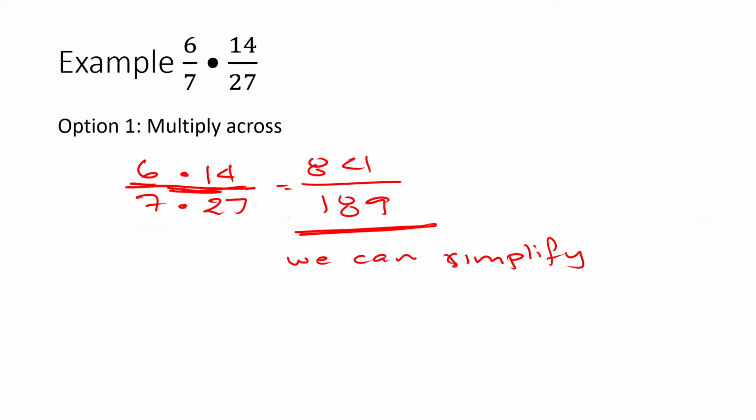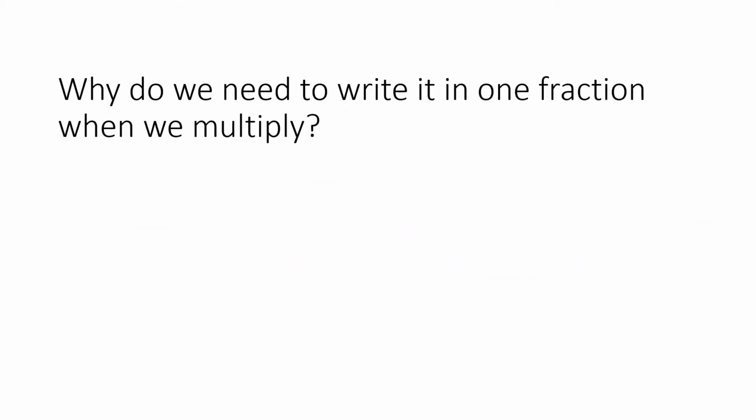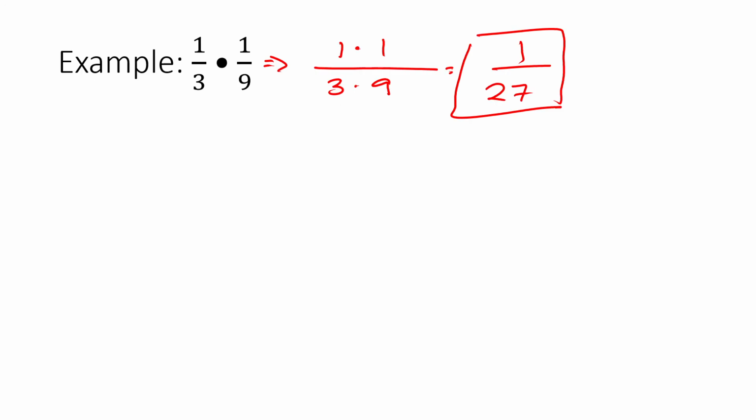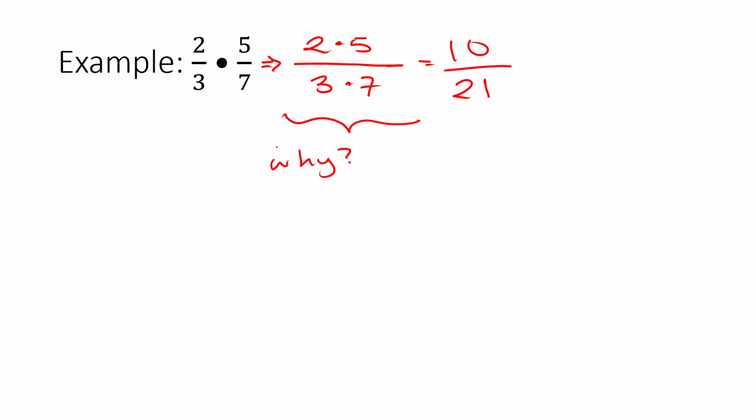Now let's go back to the first two examples. Here, can we cross out any numbers? No. So that means our answer is already simplified, 1 over 27. How about here? Can we do anything else here? No. Your answer is already simplified.